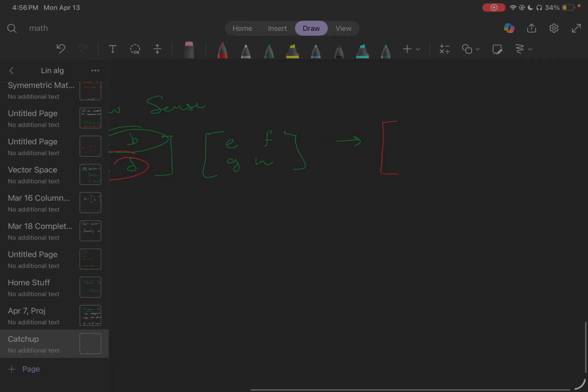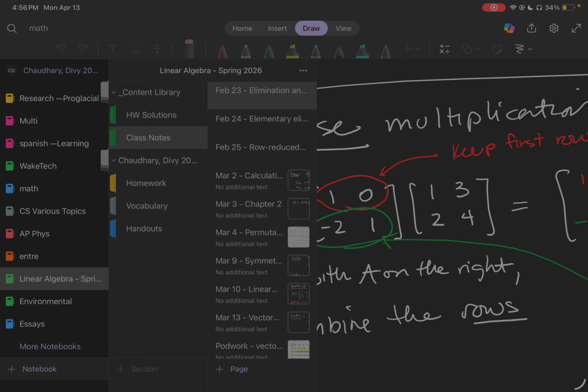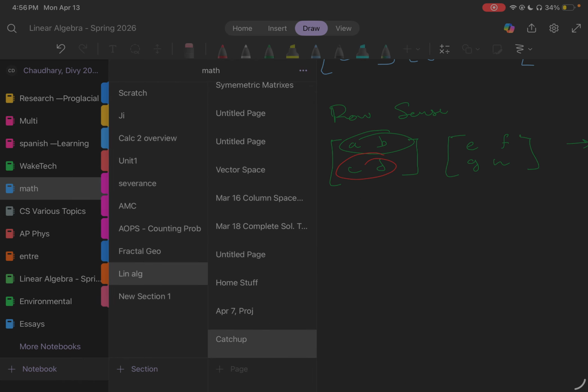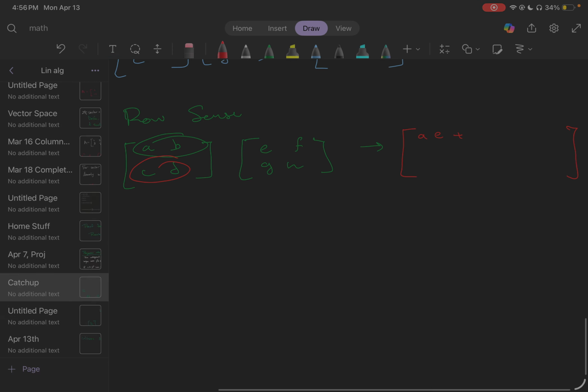It's going to get a little long, but we're going to have A times the row E F, plus B times the next row G H, and this is not added.